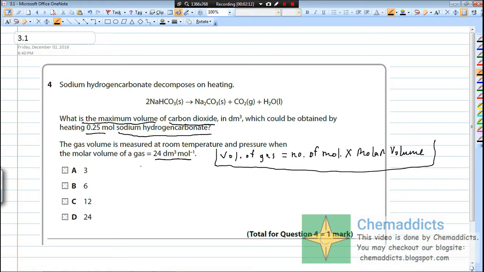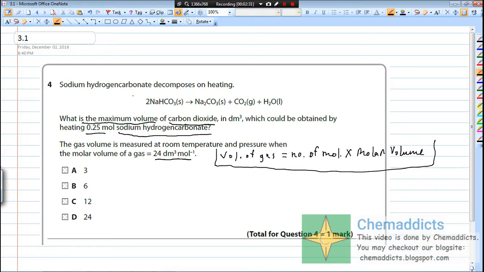Since it is expected that all the sodium hydrogen carbonate has been decomposed, this mole should correspond to the carbon dioxide.